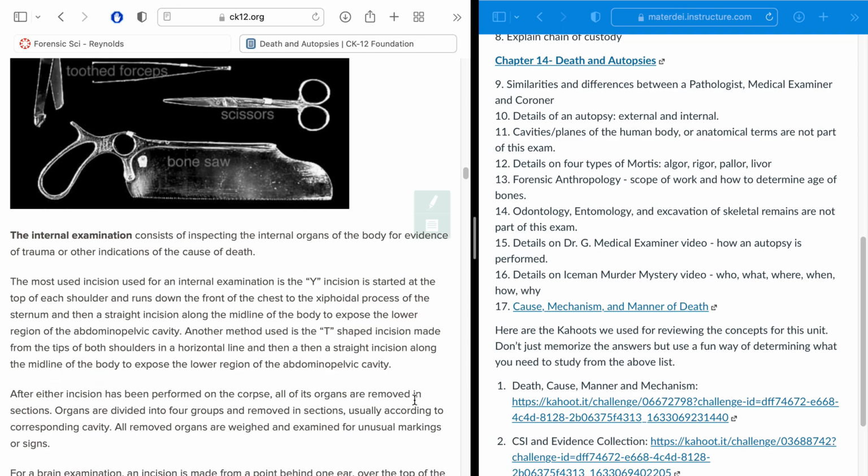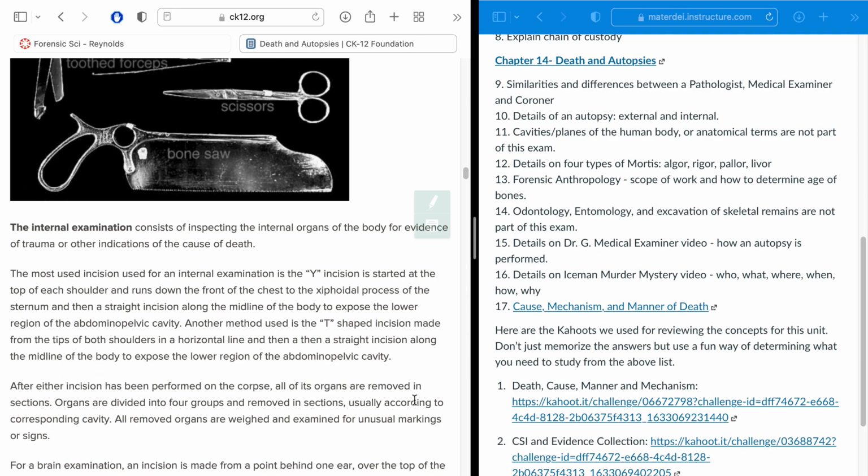And so I was mentioning some of that. It's usually a Y incision from shoulder to shoulder down to the belly button, past the belly button. And then they're able to open up the chest after breaking through the rib cage. They'll also, if they have to, reflect the scalp, pull all the skin off of it, and then cut the scalp with a saw so they can get at the brain.